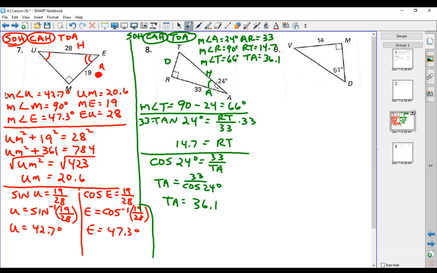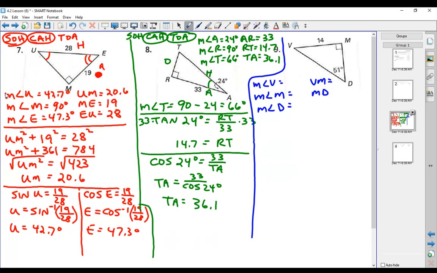All right, let's move on to example number 9. On example number 9, we have our 6 pieces. We have the measure of angle V, the measure of angle M, and the measure of angle D. And we have side VM, side MD, and side DV.